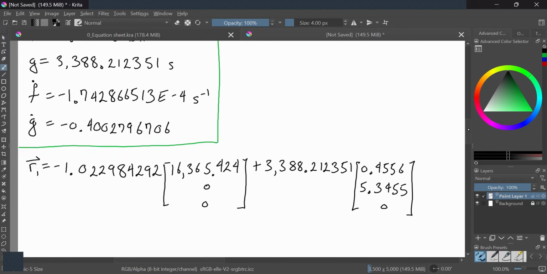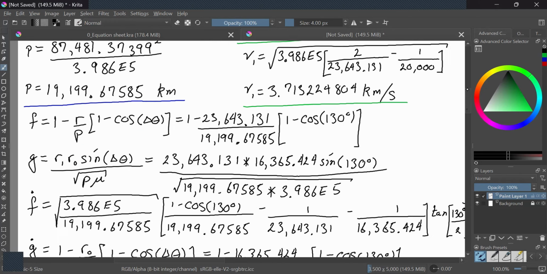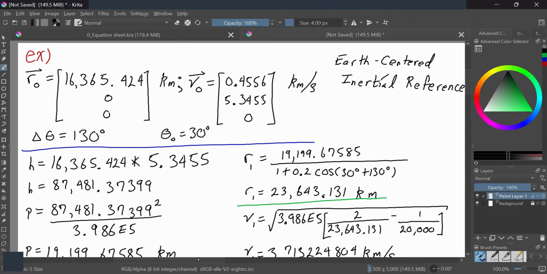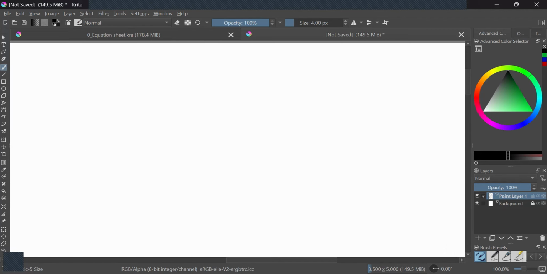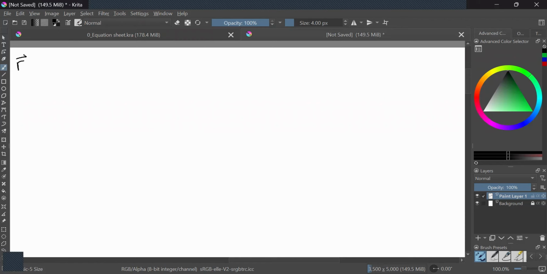All right. Now instead of writing this below, I'm actually going to write the result all the way over here. So our R1, we have an X value of minus 15,197.90214. We have a Y value of 18,111.68912.